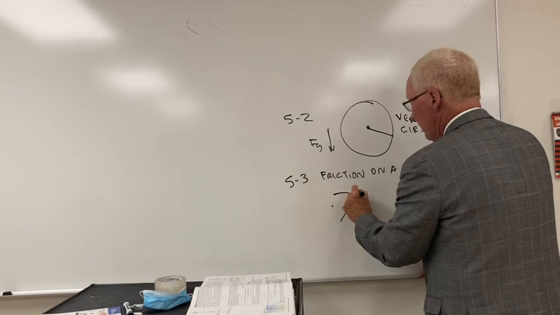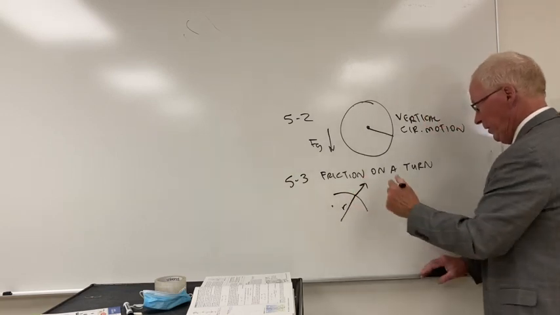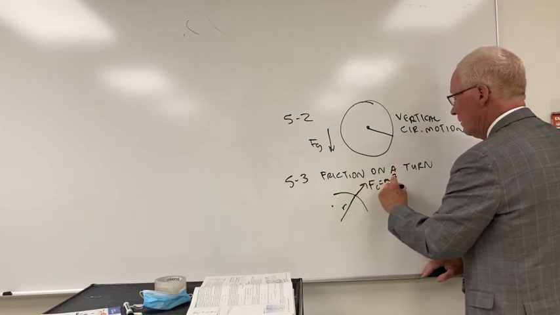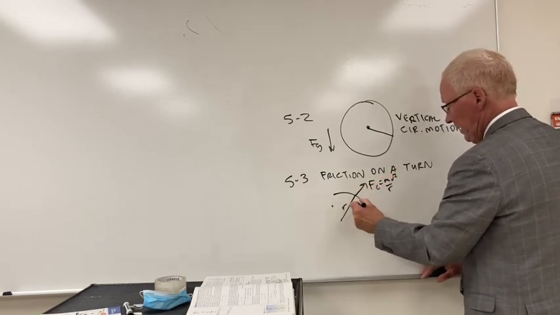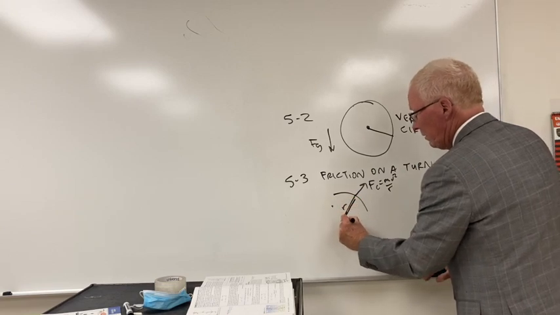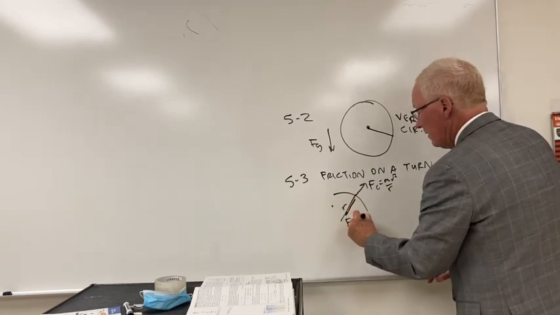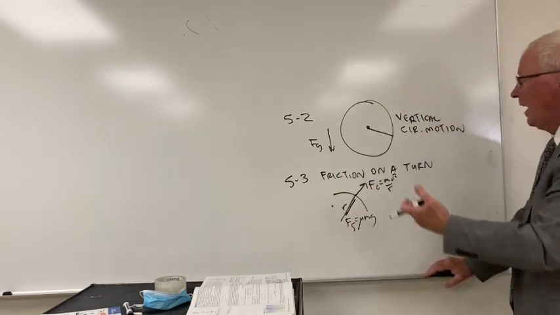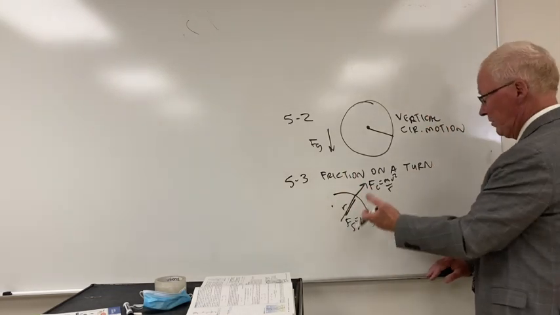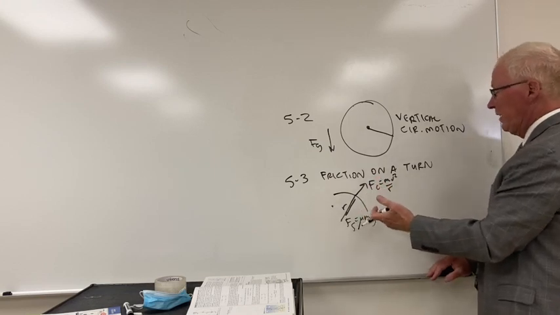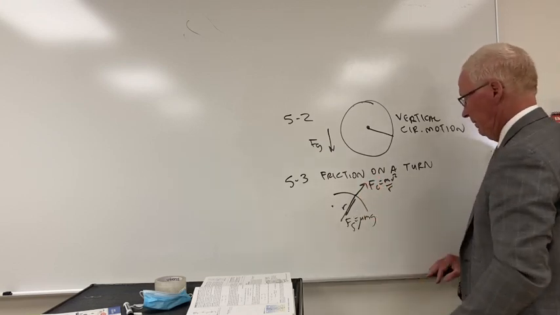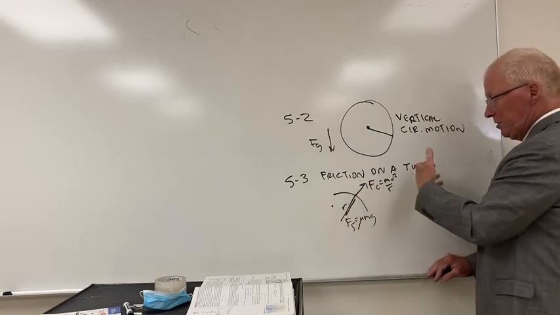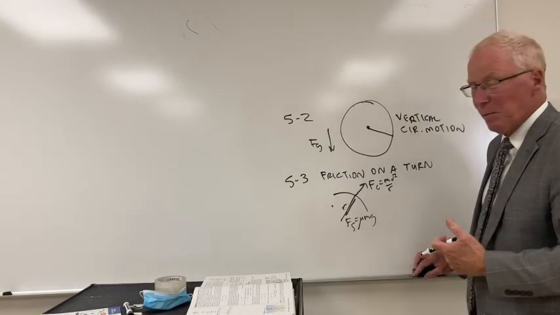We have the centrifugal force sort of pulling it out, so that's mv squared over r, and the frictional force pulling it in is mu mg. So depending on the configuration, what forces balance so that it stays on the track. If this is too much compared to that, then it'll slide off the track. And that's part of what we talked about.